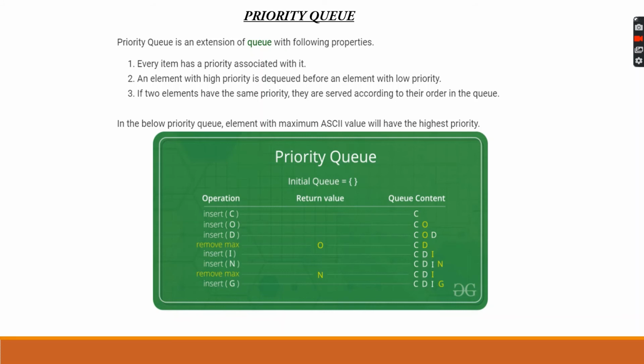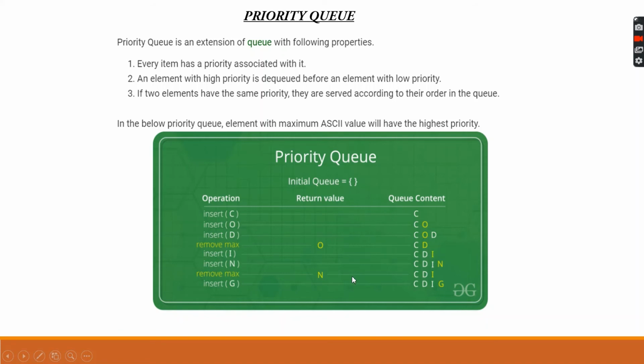As you can see in the diagram, a queue has been taken. Insert C, we have C, then O, so CO, then we insert D, COD. Then we remove max. The max among these three is O. So O is removed and we finally have C and D in the queue. Then we once again insert I, it becomes CDI.